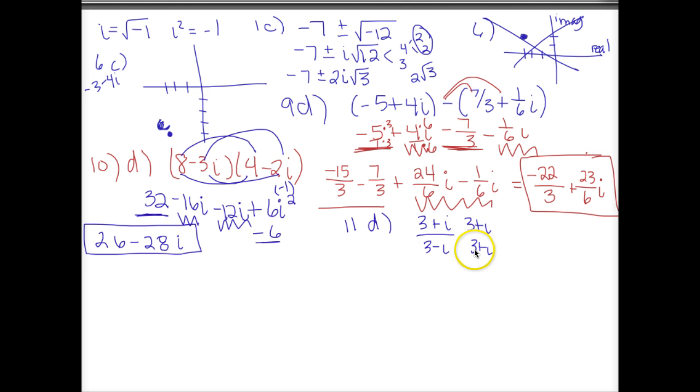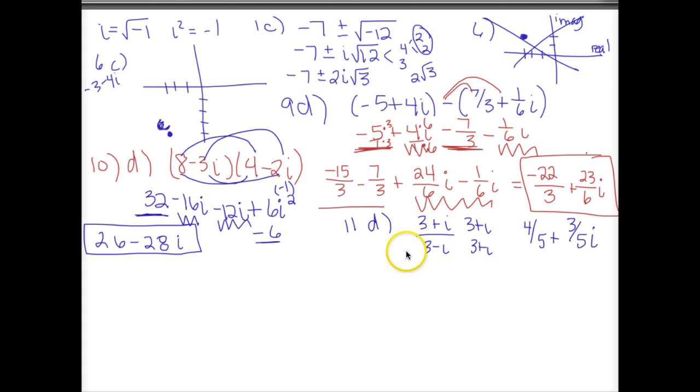It has to be a different sign from the bottom. So you'd FOIL the top, FOIL the bottom, and then simplify. The answer to that one, if you want to try one and make sure you get the right answer, should look like this. Again, you can use your calculator on that.